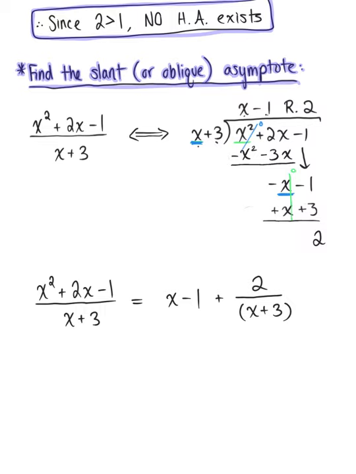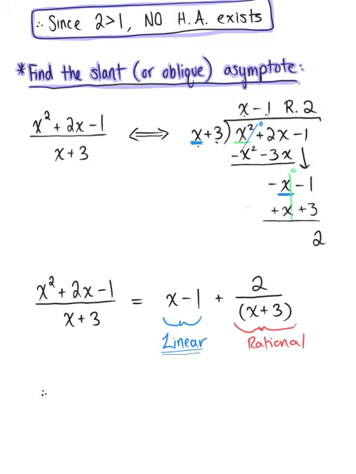So looking at this alternative form that we just found, we can see there's two distinct expressions here. Our first expression is a linear expression, or a diagonal line, or a slant, wink wink. And we've also got our rational function portion. So the linear portion of this simplification is our slant asymptote.